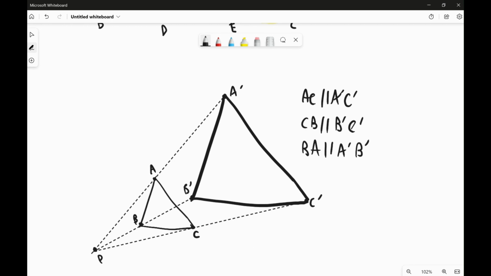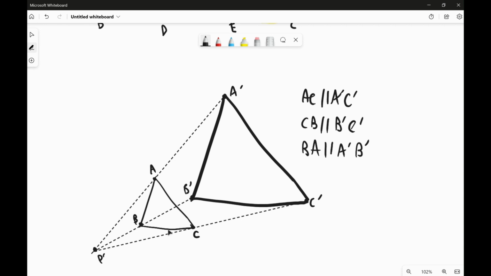Now, how do we go about proving this? So let P prime be the intersection of BB prime and CC prime. And we want to show that P prime lies on line AA prime. So we know that it maps BC to B prime C prime. So P prime is the center of homothety mapping B to B prime and C to C prime.